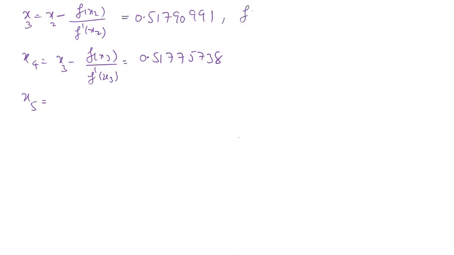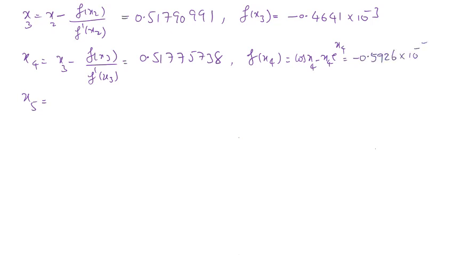One more point here. After calculating this, calculate f of x3. F of x3 is minus 0.4641 into 10 power minus 3. And for f of x4, in the function cos x minus x into e power x, substitute x4. f of x4 is minus 0.5926 into 10 power minus 7.